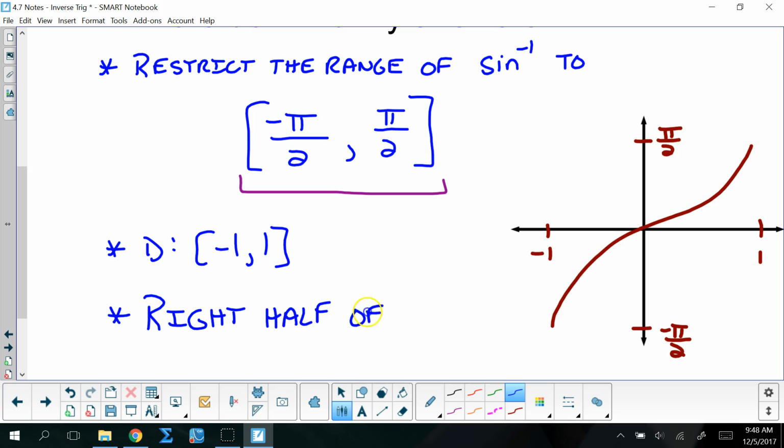Where are angle measures that are from pi over 2 to negative pi over 2? So here's 0, out to the right. This gives me all positive angle measures up to pi over 2. This would give me the negative down to negative pi over 2.